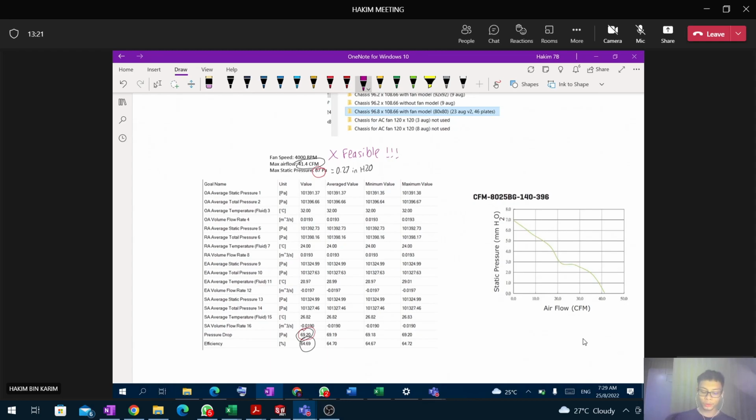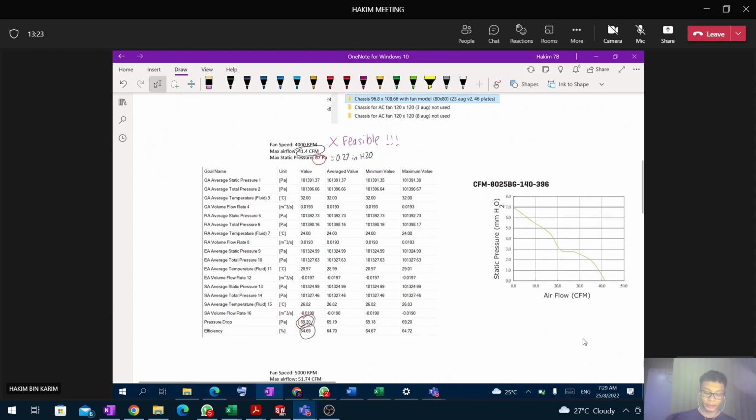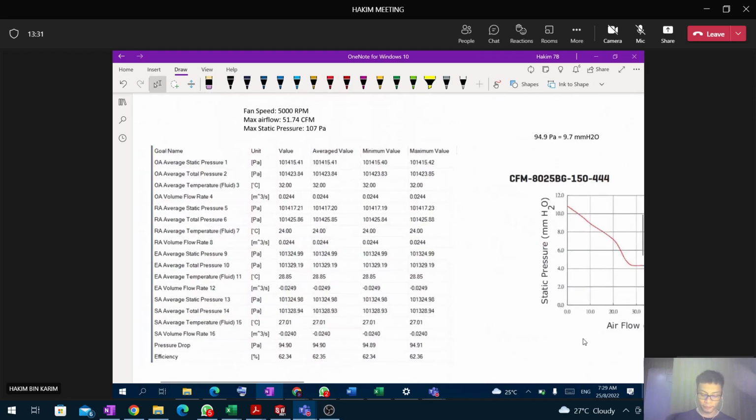So what is the next solution? How about we increase the fan speed from 4000 RPM to 5000 RPM? What is the result? Okay, now 5000 RPM. It means that the maximum airflow it can produce is 51.74 CFM, meaning the airflow entering the heat exchanger is 51.74 CFM.